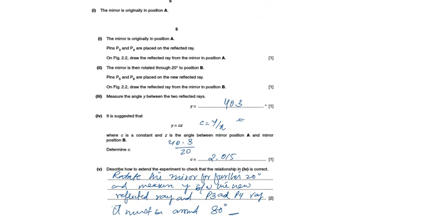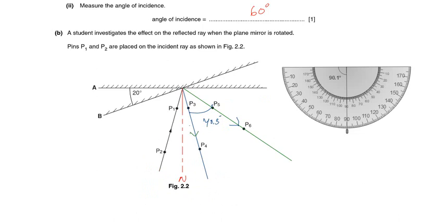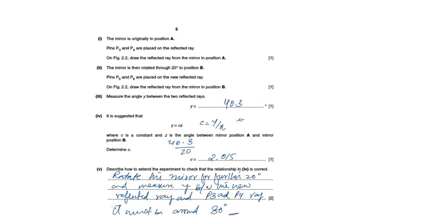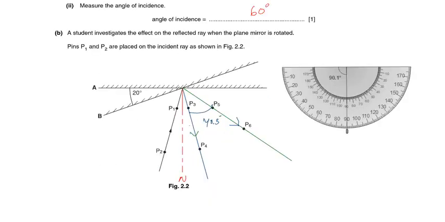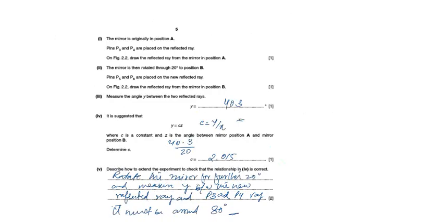Draw the reflected ray from the mirror in position B. So here is the position, right? Then measure the angle y between the two reflected rays. So this will be the angle y, the difference between the two reflected rays, which is 40.3. So the angle y is 40.3.